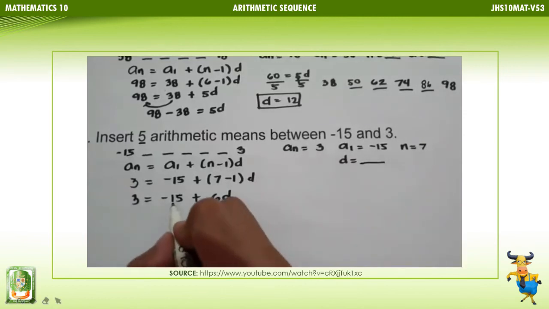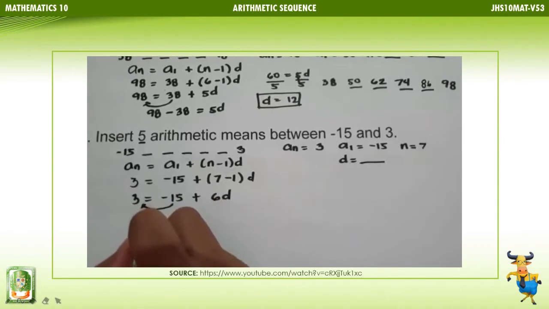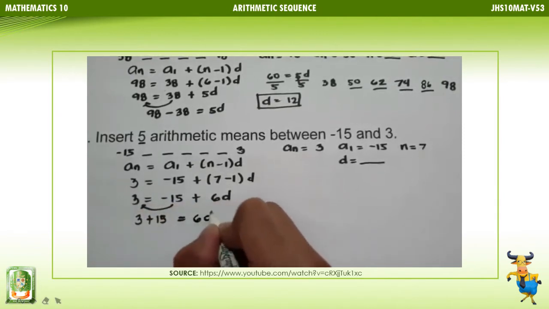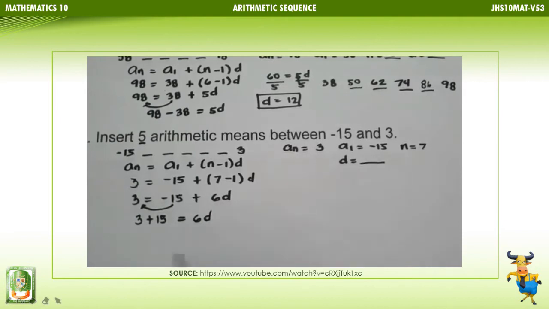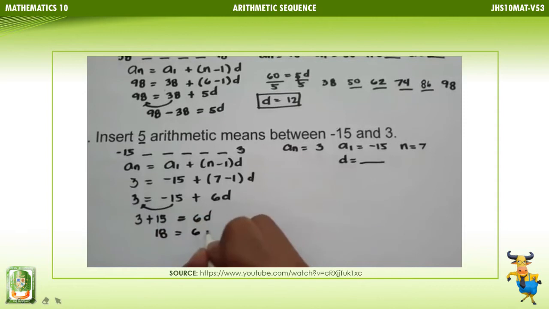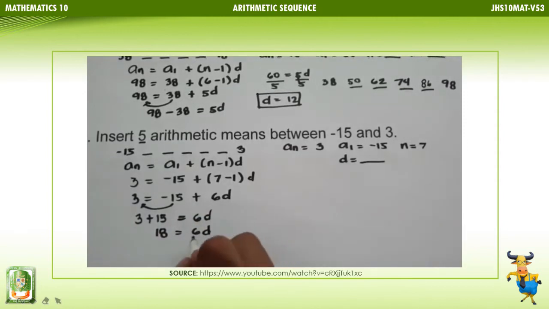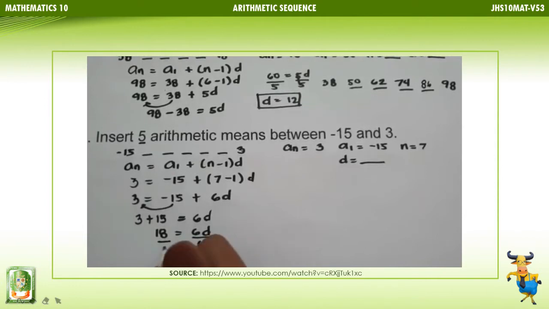And then move negative 15 to the side of 3. We have 3 plus 15 equals 6d. And then 3 plus 15 is 18 equals 6d. Then divide both sides by 6 to find the common difference.